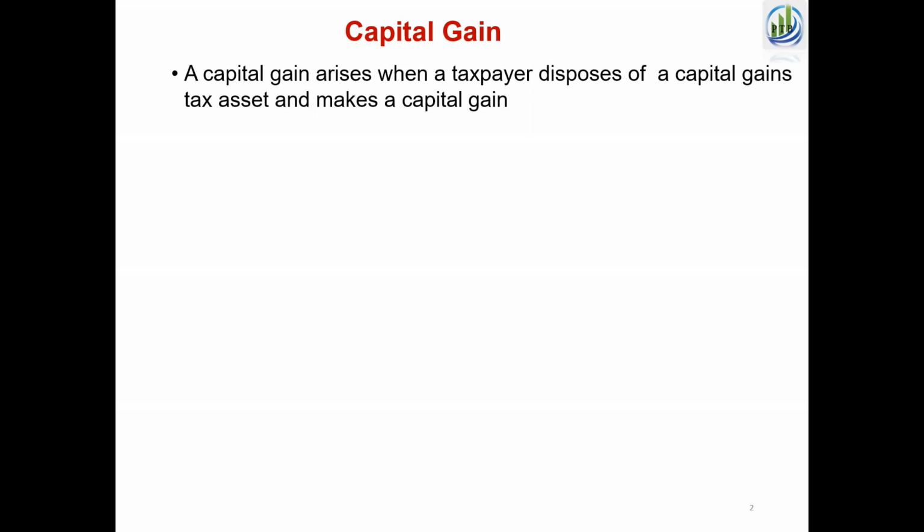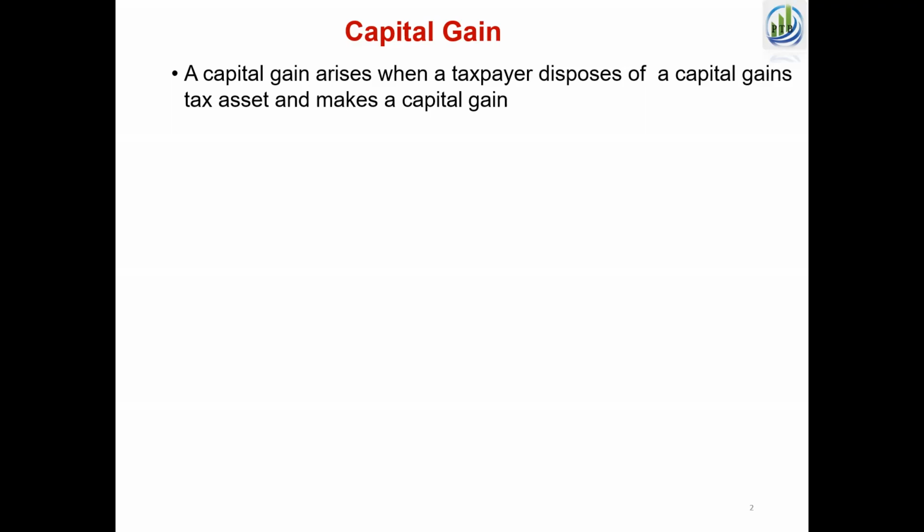We calculate the gain, how much the profit in your accounting terminology, or how much gain you're making from that capital transaction. You're going to add that amount with your other assessable income. You have salary, investment income, business income, government benefits, all of the foreign income. Same as this also kind of income. There's no different tax rate for the capital gain.